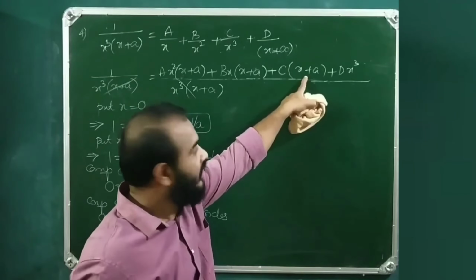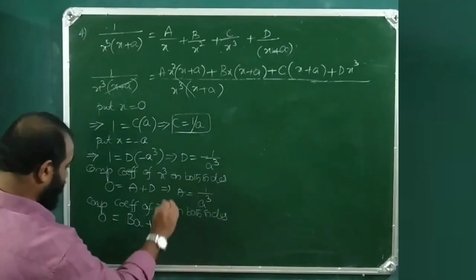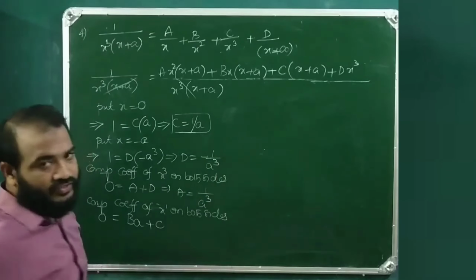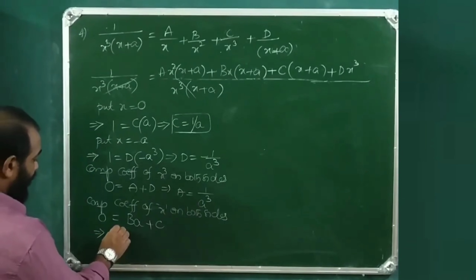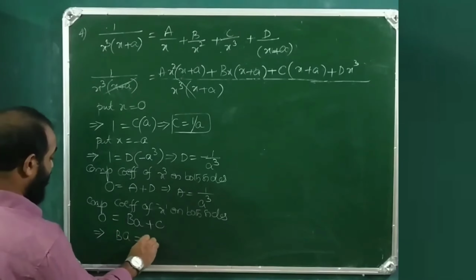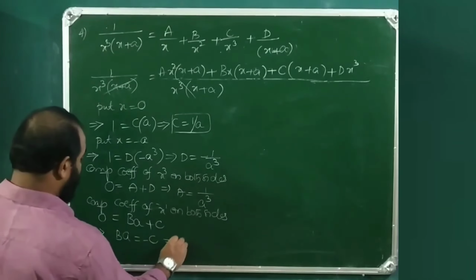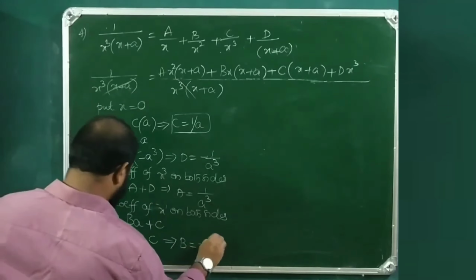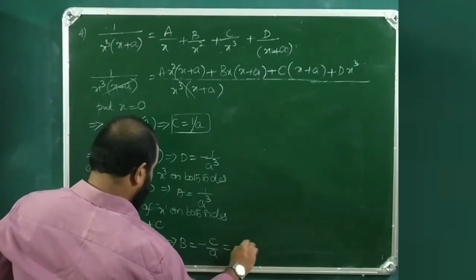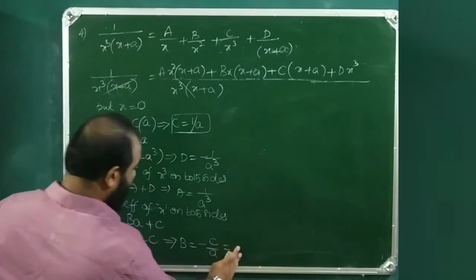Cx is this. The coefficient of x is c. And the last one is x cube, so leave it. From this, ba is equal to minus c. So from this, b is equal to minus c by a. So minus c by a.